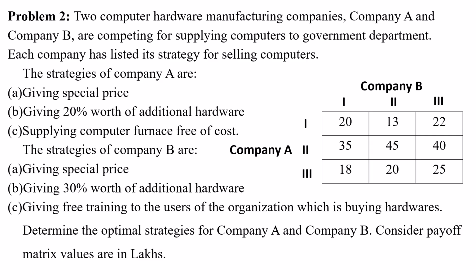So company B also started keeping some strategies for selling the computers. Company B's strategies are: giving a special price, though how much is not given; giving 30% worth of additional hardware, whereas company A gave 20% worth; and the third strategy is giving free training to the users of the organization who are buying the product.